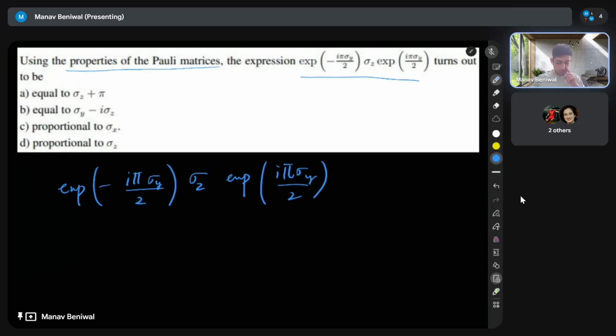Now, the question says using the properties of the Pauli matrices.